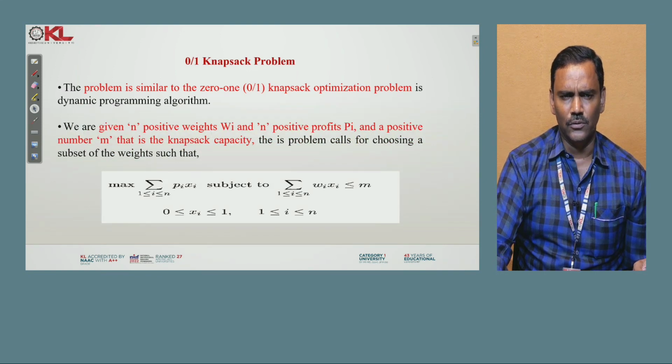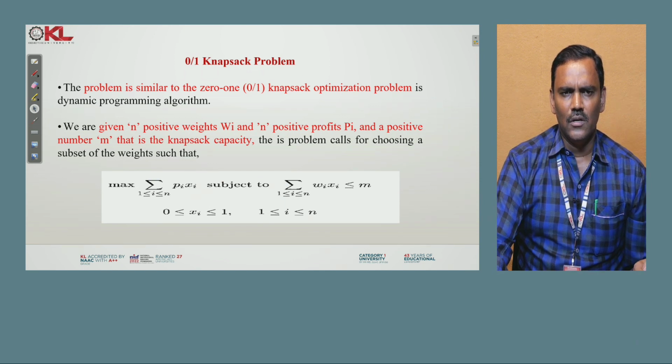Here we have to go through some of the parameters like Wi, the positive integer weights. If you take the small n value, which is the number of objects, then we have w of i positive weights, and for the same n value we have p of i, which is nothing but n profits, which are also positive, and where m is the knapsack capacity.